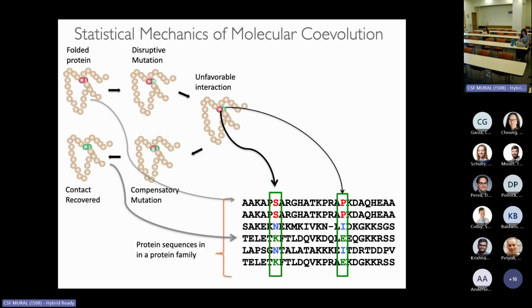Now, what happens is that these kinds of events can be seen as signals that have been stored in the evolutionary record of proteins and their families, and can be used to understand protein interactions, their internal structure, and their function.